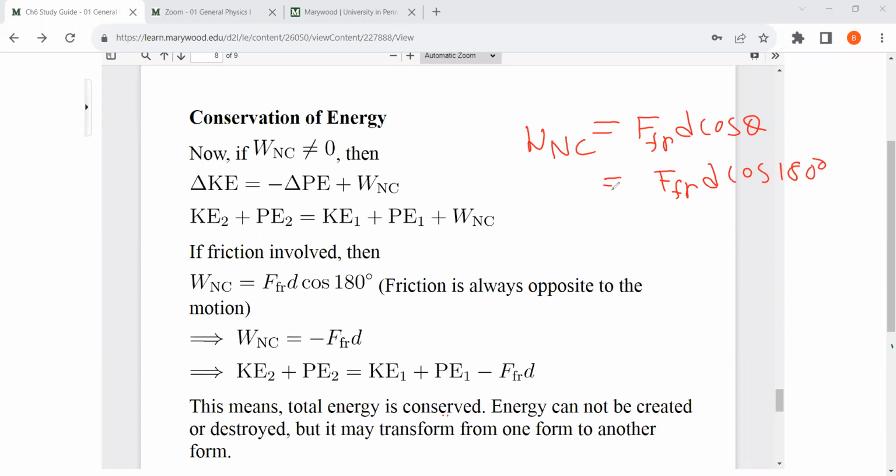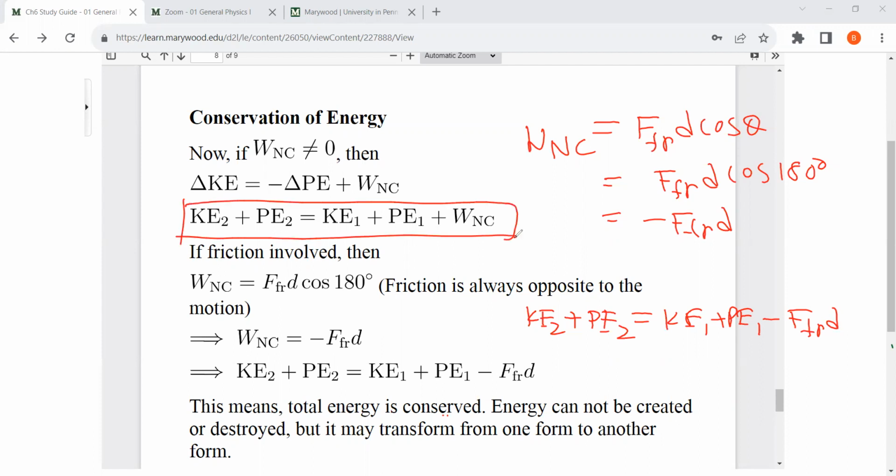So it will be minus friction force times D. The equation now becomes KE2 plus PE2 equals KE1 plus PE1 minus this. If I ask you to calculate WNC, then you just use this equation. If I ask you to calculate the friction force, then you have to use this equation.